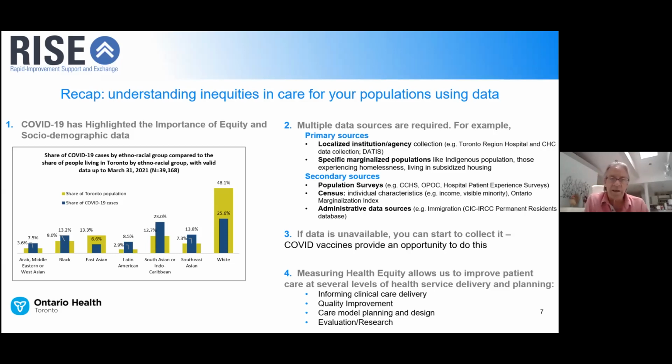Some of the key takeaways from her presentation were that we just can't assume that populations look a certain way and that they're impacted a certain way. We have to really look at the data and get an understanding of what's going on.